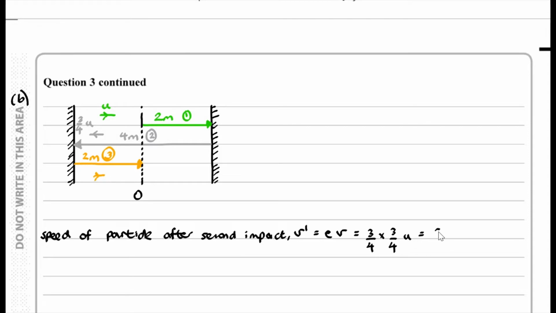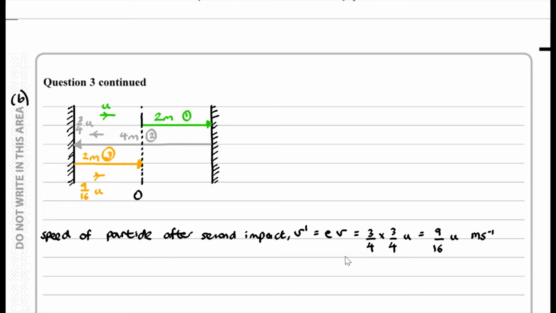So we get, of course, 9/16 u. So it returns over here to the origin with a speed of 9/16 u. Hopefully that makes sense. And of course the units, we have meters per second.